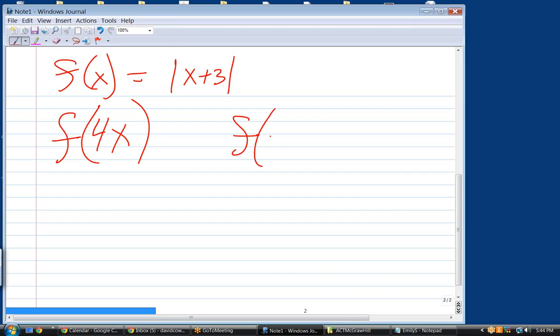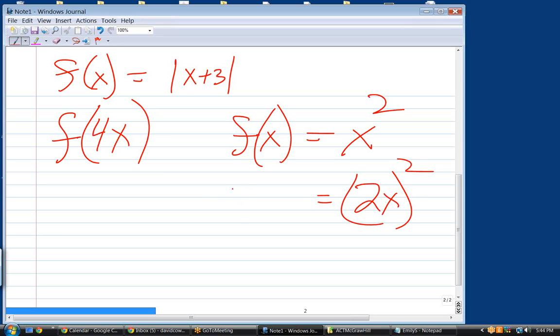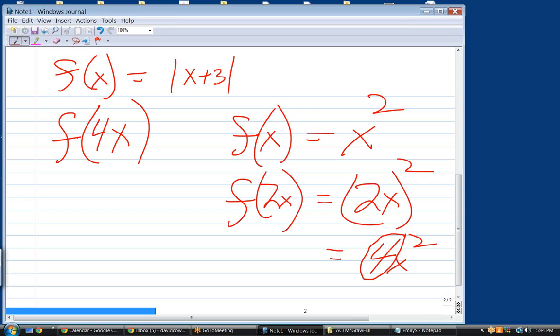If I had f of x equal x squared, and I say, what is 2x squared? In other words, if I say, what is f of 2x? This becomes 4x squared, but because that number, hold on a minute, this is a shrink because it's greater than 1.